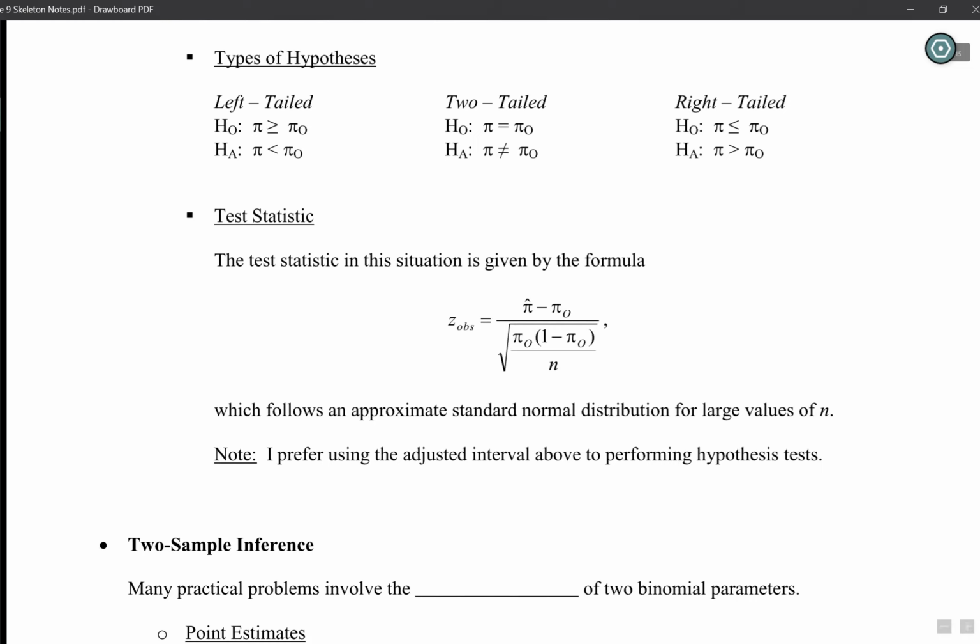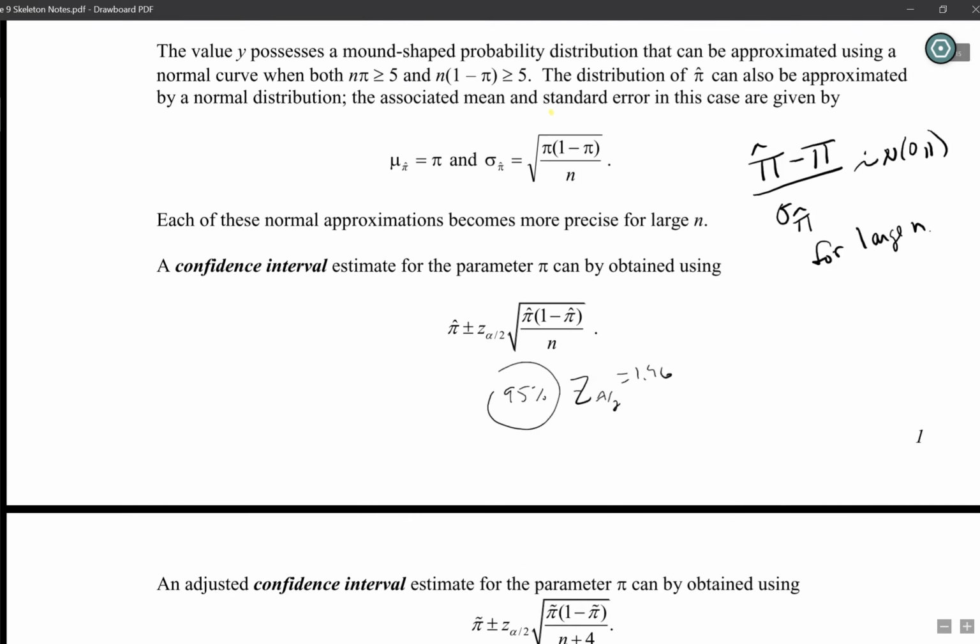So with those in mind, we can perform three kinds of hypothesis tests: left-tailed, right-tailed, and two-tailed. Left-tailed test, pi is less than pi naught. Right-tailed test, pi is greater than pi naught. Two-tailed test, pi is not equal to pi naught. Here's our test statistic. We take this quantity that we had earlier, and remember that's sometimes called a pivot quantity.